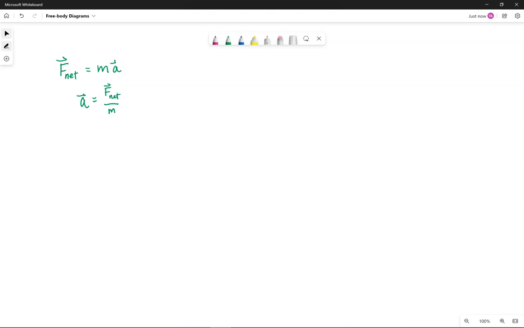So, to accurately use Newton's second law, we need to be able to recognize and represent every single force acting on an object.